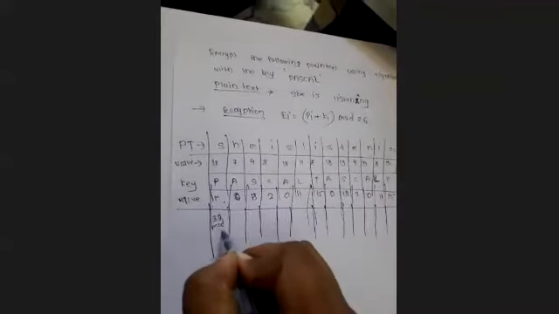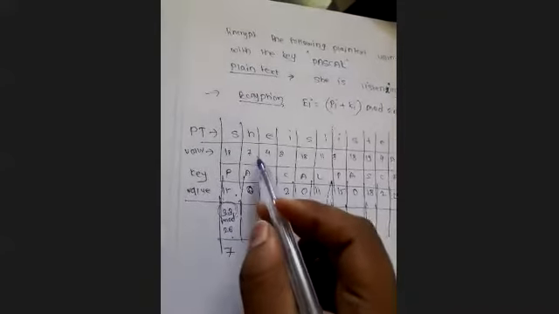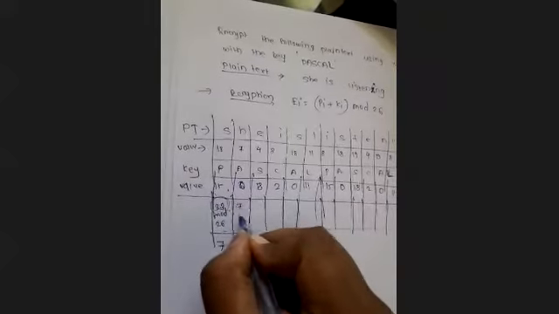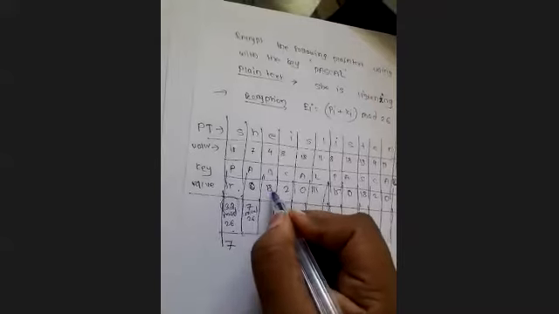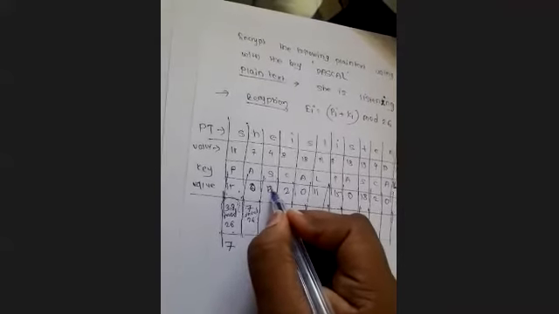The value will be 33 mod 26. 33 is greater than 26, so we have to subtract 26 from 33. So the final answer will be 7. Here 7 plus 0 will be 7 mod 26. S is representing S.